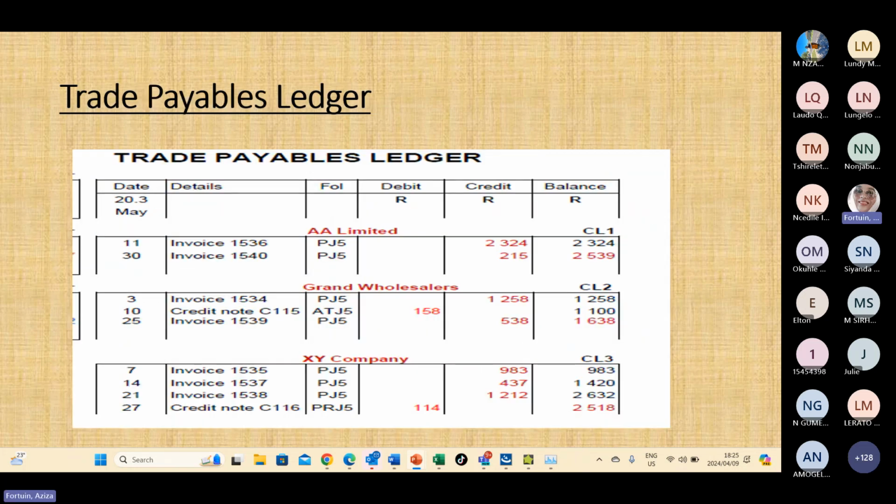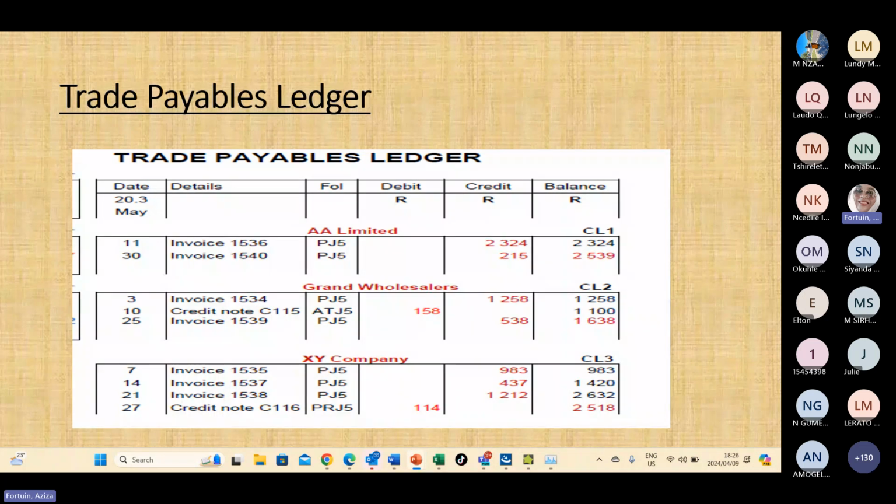If you look at your trade payables ledger, you will have a ledger for each and every client. Okay, so AA Limited in my trade payables ledger, I bought from AA Limited, invoice 1536, and whatever it was for. 1540, whatever it was for.